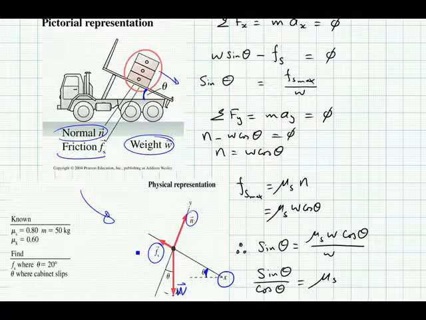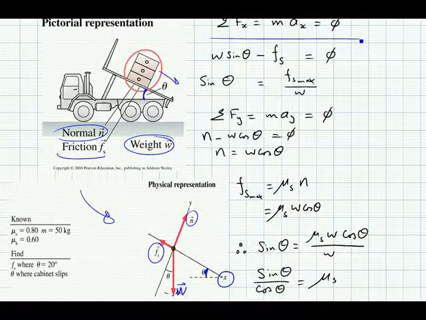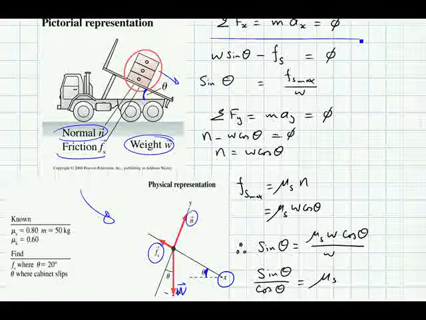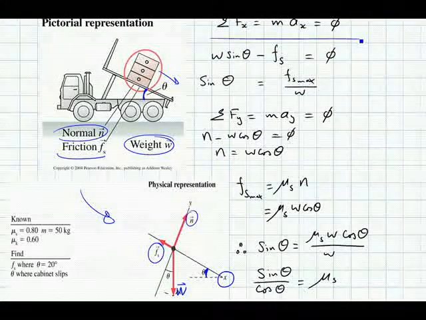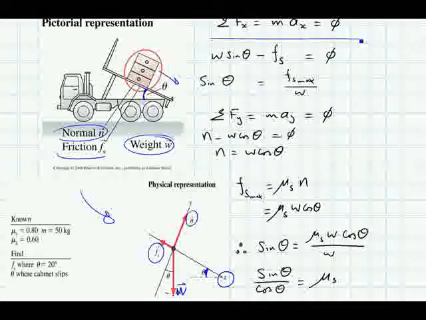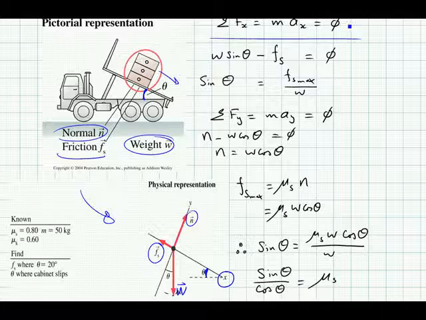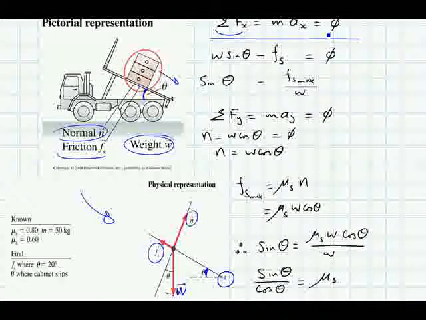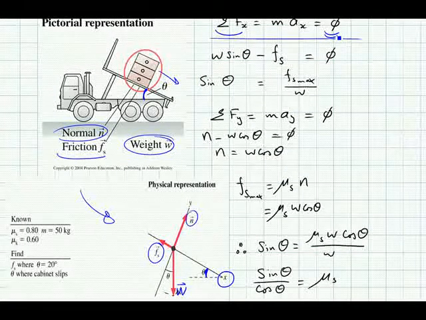Now, let's apply Newton's second law along the x-axis. Newton's second law along the x-axis states that the sum of the forces along the x-axis must equal mass times acceleration along the x-axis, and if acceleration is 0, as it is in this case, of course that means the sum of the forces must equal 0. What are the sum of the forces along the x-axis?